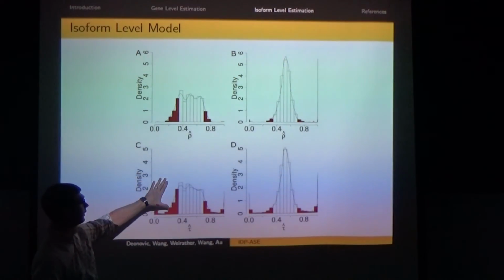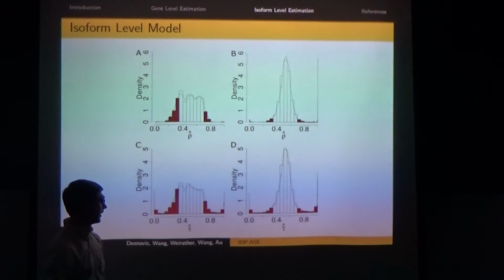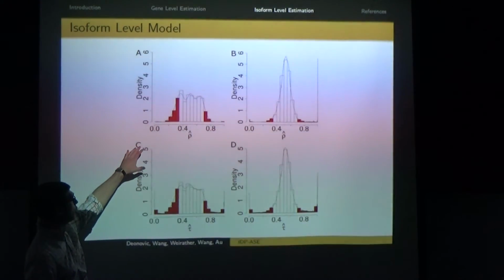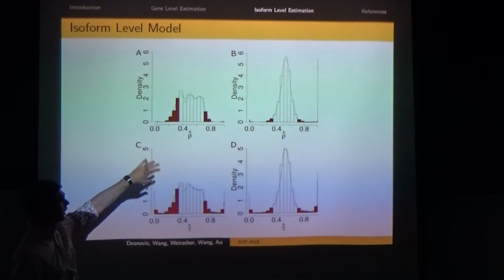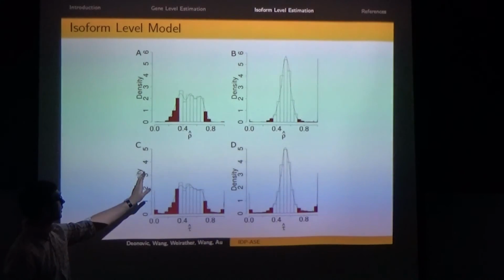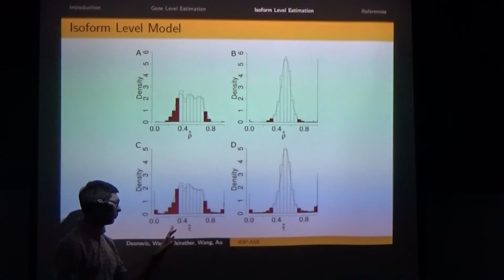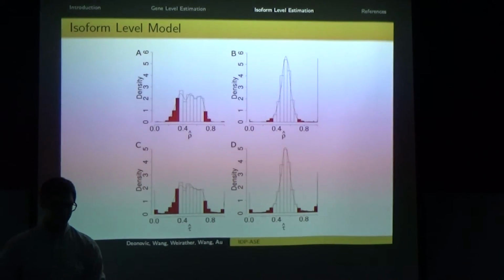There is much larger variance in the breast cancer cell line with a lot more of what we would call ASE genes. Here in the red, we have indicated genes or isoforms that have rho or tau below 0.35 and above 0.65.